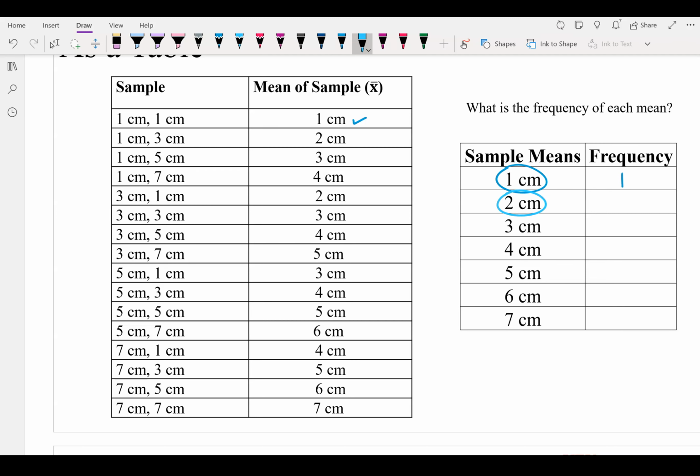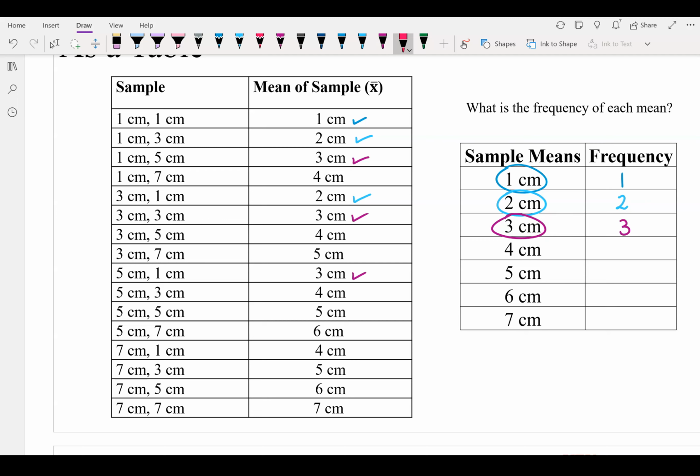What about 2 centimeters? You know, you can pause the video and try to fill in this table if you get what I mean. That comes up once, twice, I think only 2 times. And I'll do one more. How many times does 3 centimeters come up? It comes up once, twice, 3 times, 3 times, and then we can keep going.